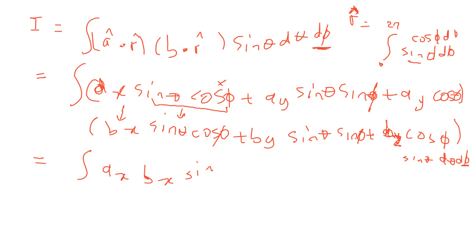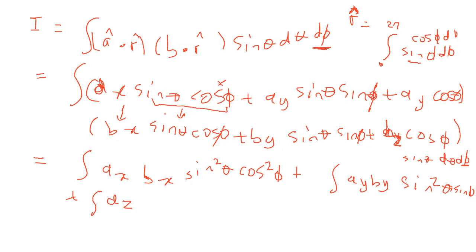So this gives you sine squared theta cos squared phi plus ay by sine squared theta sine phi. You get az bz, right, which is this term. The other terms you can check that they do vanish. So this gives you bz cos squared theta, right?